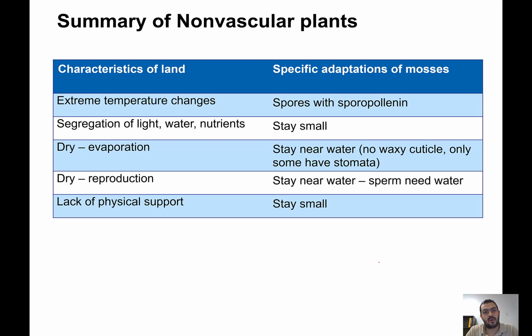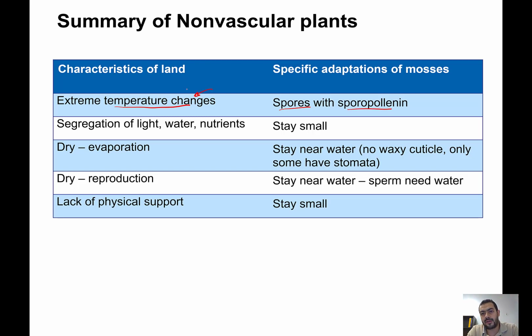So to summarize the characteristics of the non-vascular plants and how they dealt with the different challenges of living on land. Starting with the extreme temperature changes, as we said, they produce spores. These spores, similar to the spores of plants, are thickened with sporopollenin in order to withstand the extreme conditions.